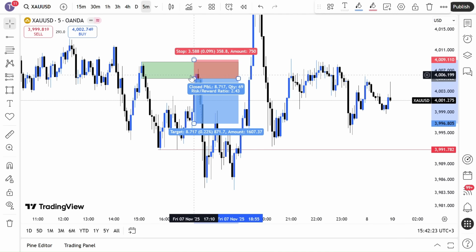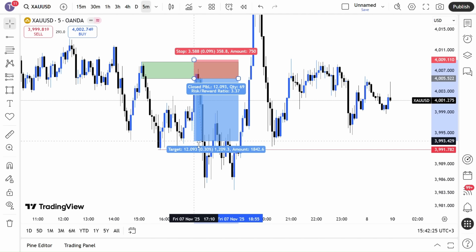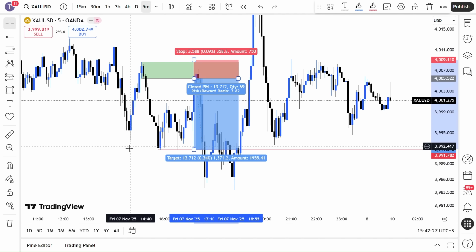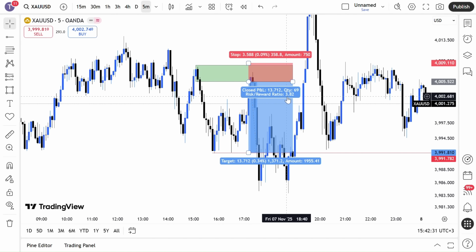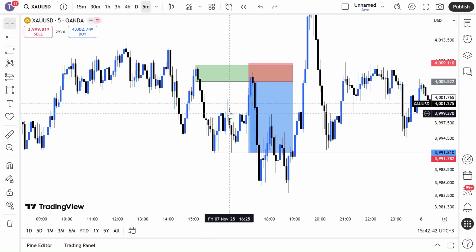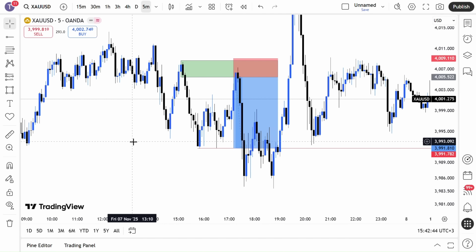My first take profit was at this low, that liquidity level. The trade was about 1:3, almost 1:4 risk to reward ratio. So you can learn something from it. I think it is a very good example.